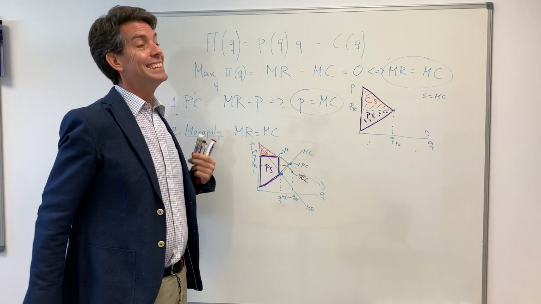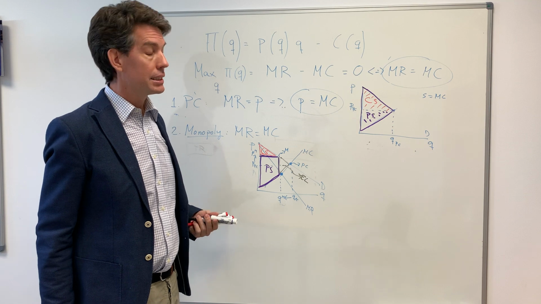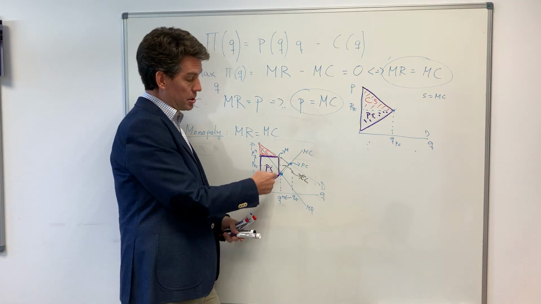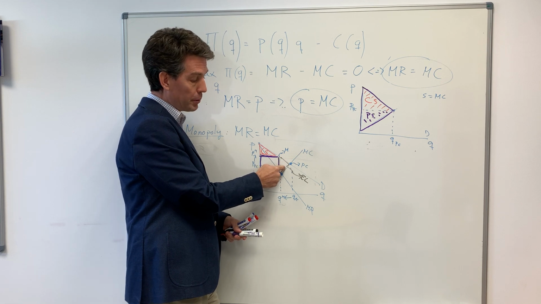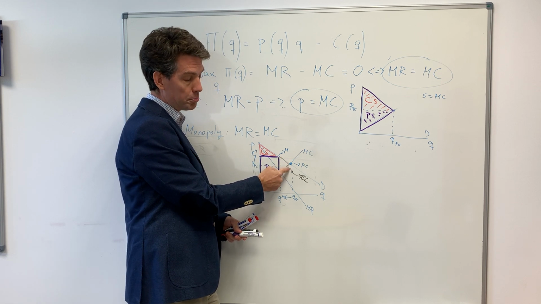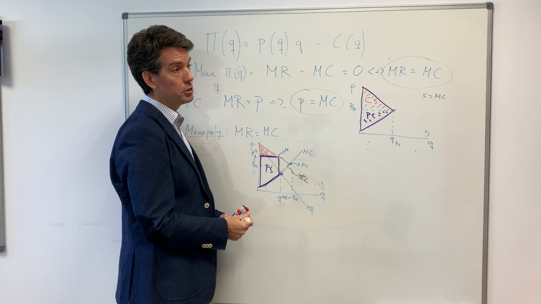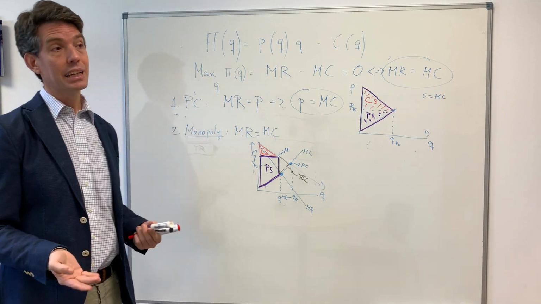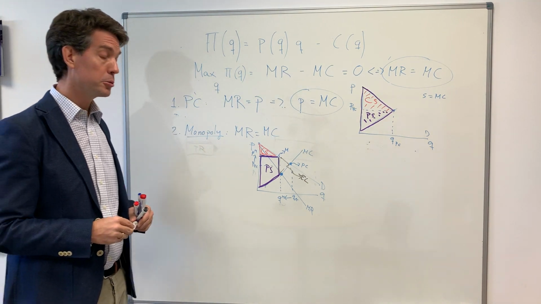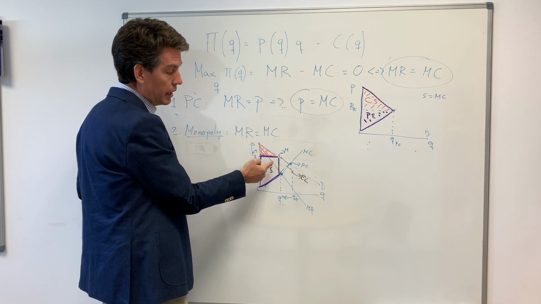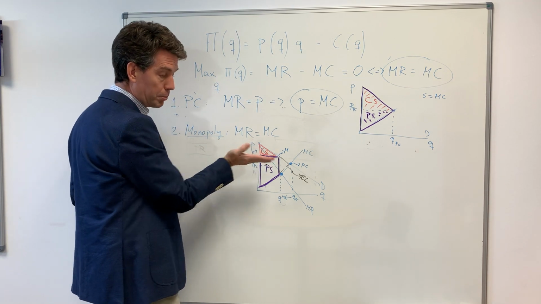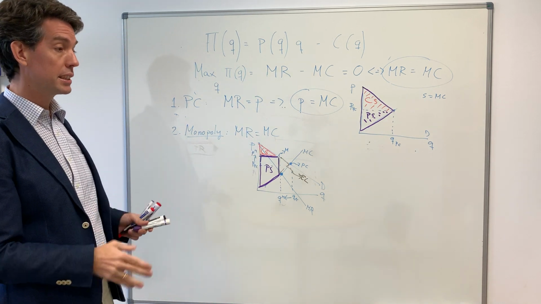Of course, this comes from the fact that perhaps the monopolies would like to sell these units in between, and we could find a price here because consumers are willing to pay more than the marginal cost of producing. But given that we are assuming the monopolies cannot price discriminate, they would prefer to sell all the units at this price better than any other price, because they would have to sell all the units at the same price.